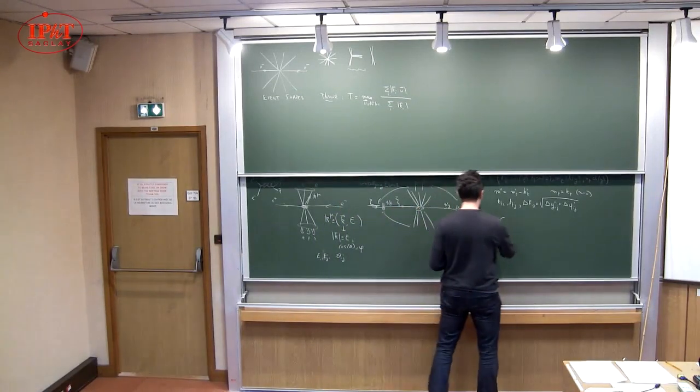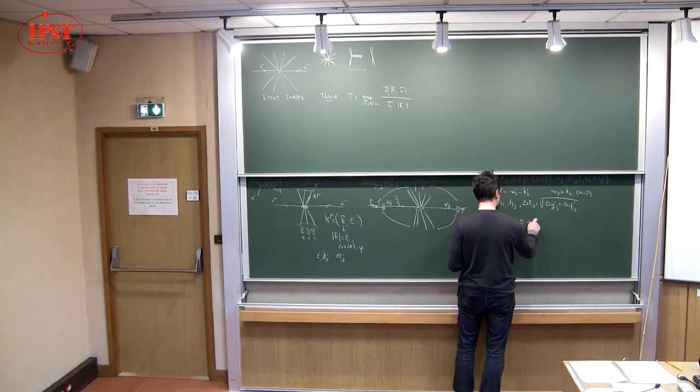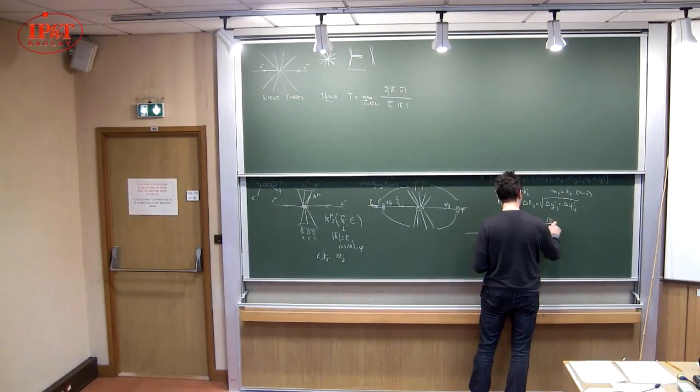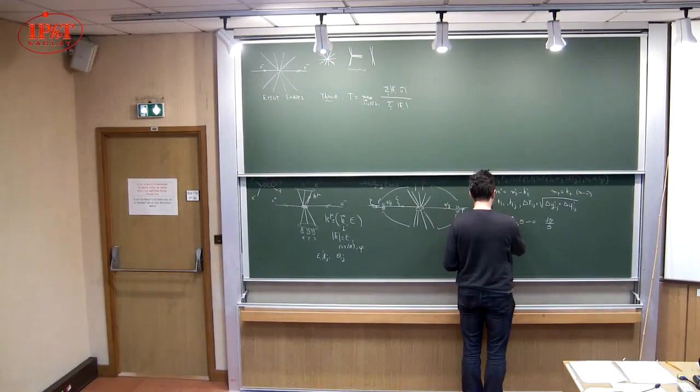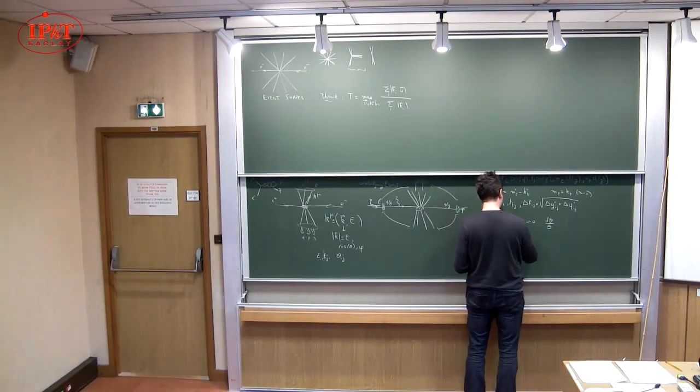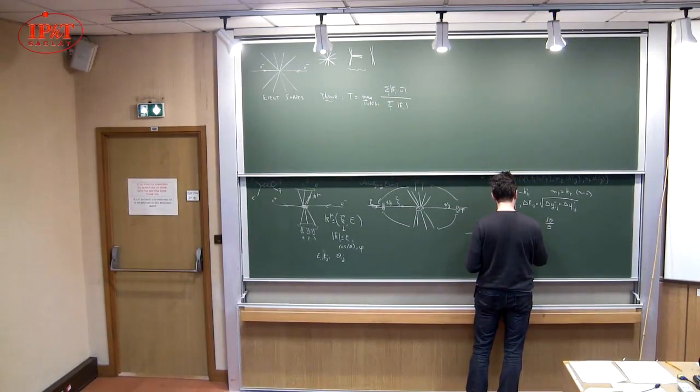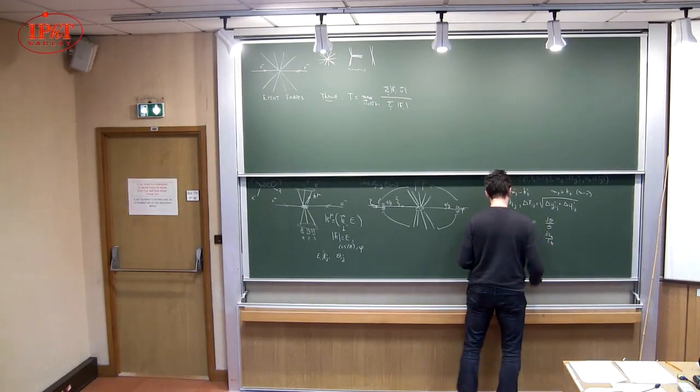It diverges when the angle theta goes to 0. So if theta goes to 0, the emission goes like d theta over theta, so it's a logarithmic divergence. And if the energy of the emitted particle goes to 0, you again get a logarithmic divergence.